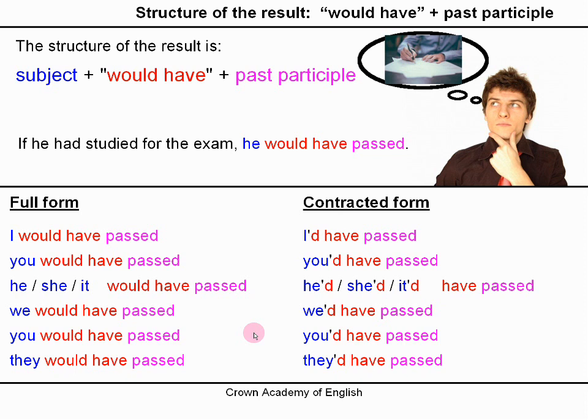And they'd have passed. So we can see here we replace the word would with an apostrophe and then the letter D. And the contracted form, we use this often in spoken English and informal English. But the meaning is exactly the same.